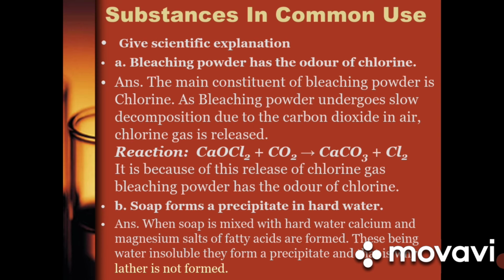The chemical reaction is CaOCl2, that is calcium oxychloride or bleaching powder, plus CO2 gives CaCO3, that is calcium carbonate, plus Cl2. It is because of this release of chlorine gas, bleaching powder has the odor of chlorine.